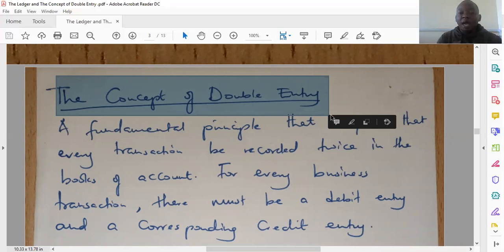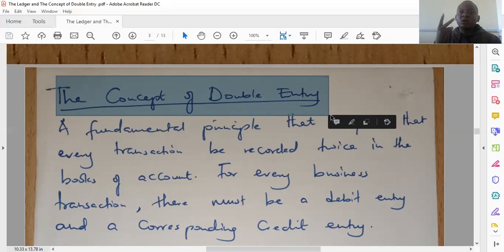This rule is known as the concept of double entry. You remember in our first lesson, we had that example that we were working on, and I remember saying that whenever recording transactions in the books or in the ledger, there is the duality concept.